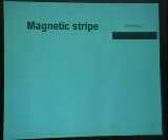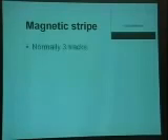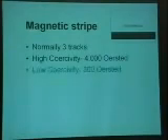So, mag stripes, again, we're all pretty familiar with. Normally 3 tracks. There are 2 types of cards: high coercivity cards and low coercivity cards, basically how much magnetic energy it takes to align the particles on the card. Credit cards typically are low.